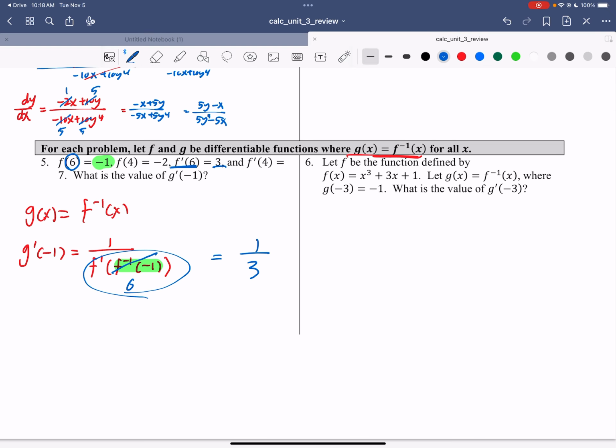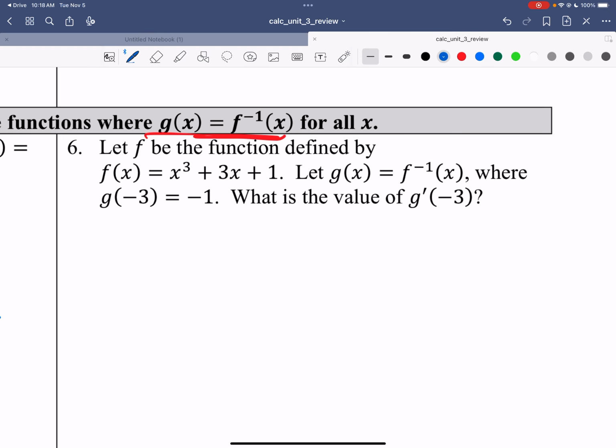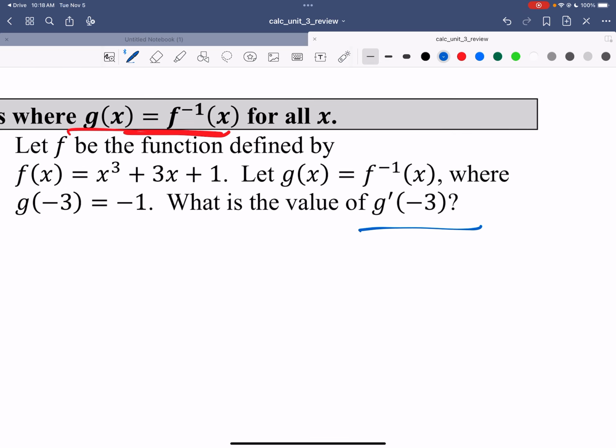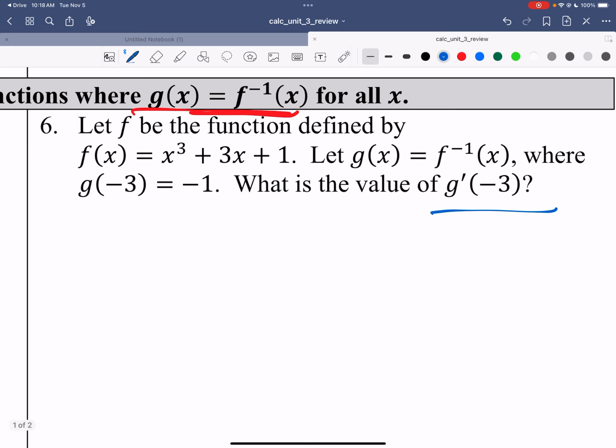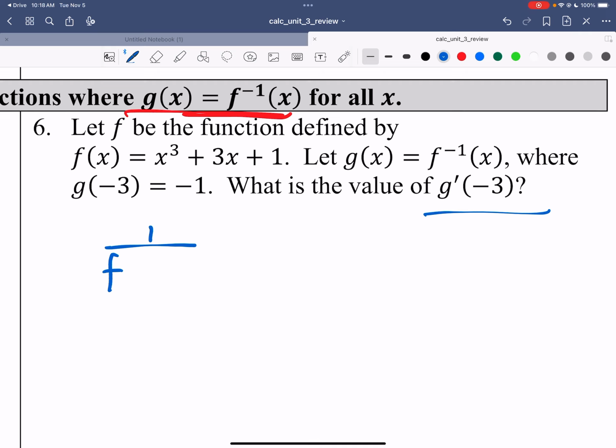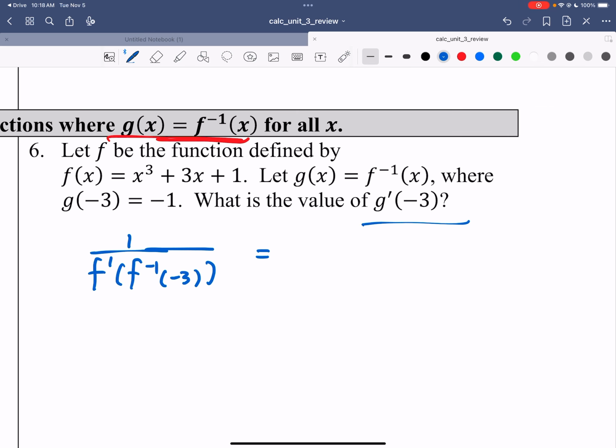What about this one? Same thing. You want to find g prime, so it's going to be 1 over f prime of f inverse of negative 3. Let's see if we can find negative 3. Oh my goodness, we can't.